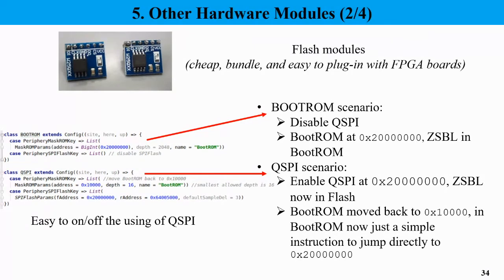In the case of disabling this QSPI, the boot ROM will contain the ZSBL. This is the scenario for release hardware, where the authentication process needs to be secure and the boot ROM needs to be not writable at all. But for debugging, we recommend activating the QSPI, where the boot ROM is a simple snippet to jump to the 20 million address, and you can host the ZSBL in the QSPI.